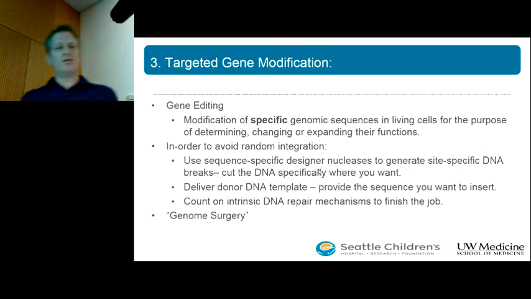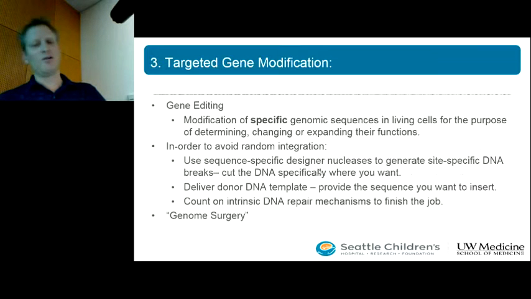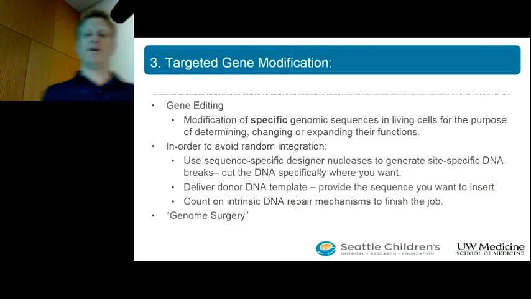So the new approach is to do targeted gene modification. You can call it gene editing. So instead of just randomly inserting a sequence, you modify a specific genomic sequence in a living cell, hoping to change the function of the cell. So in order to avoid random integration, you need to use sequence-specific nucleases or designer nucleases because you want to break the DNA at a specific point.